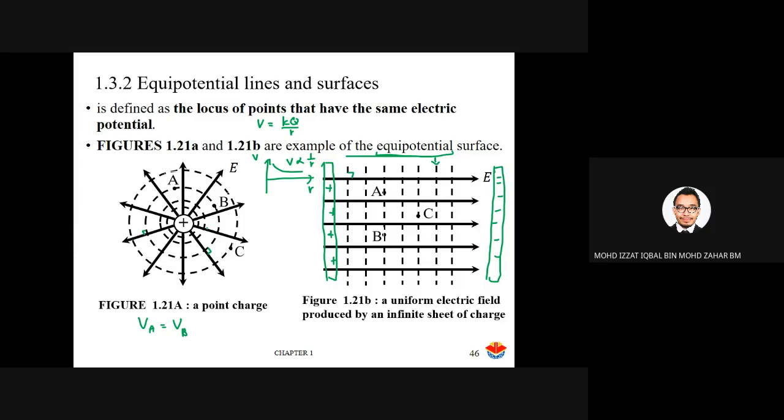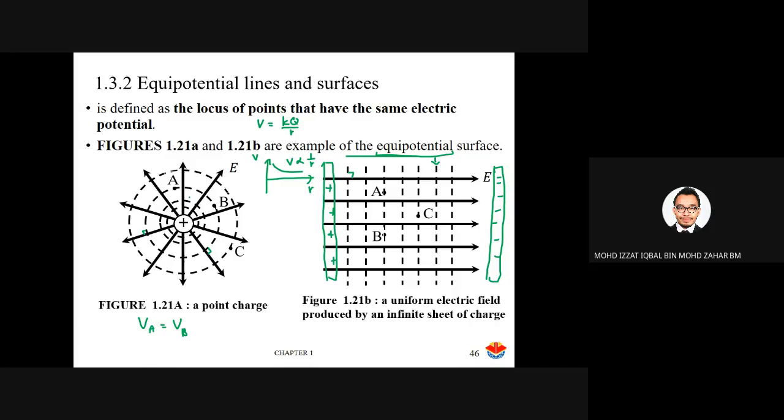This one is actually an example of a point charge, how the equipotential looks like. And this one is an example of a uniform electric field, or the equipotential of the electric field between two metal plates. Because the electric field is uniform, the potential is also expected to be uniform in this case.